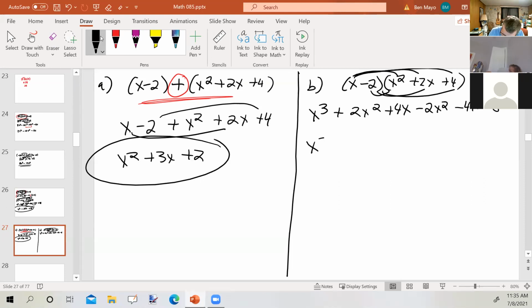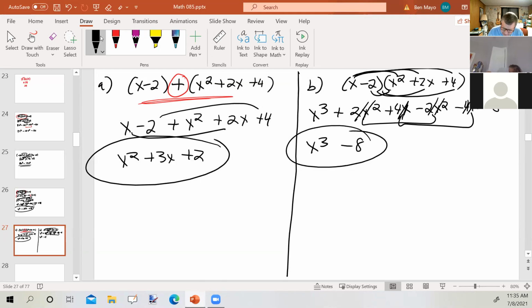Combining like terms, the 2x squared and the minus 2x squared cancel. The plus 4x and the minus 4x cancel, and we just get x cubed minus 8. So we get a very different answer depending on the operation. So pay close attention to what they're asking you to do.